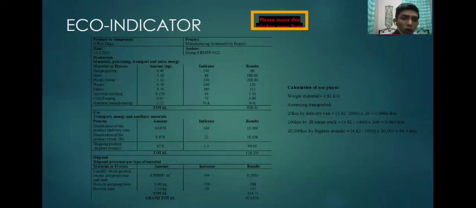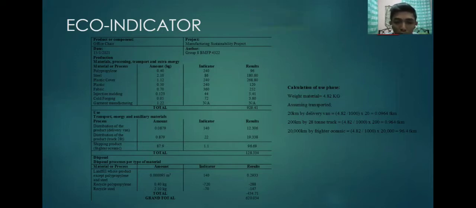This is the eco indicator of the product. We can see that the total of the production, which is material, processing, transport, and extra energy, is 926.41.